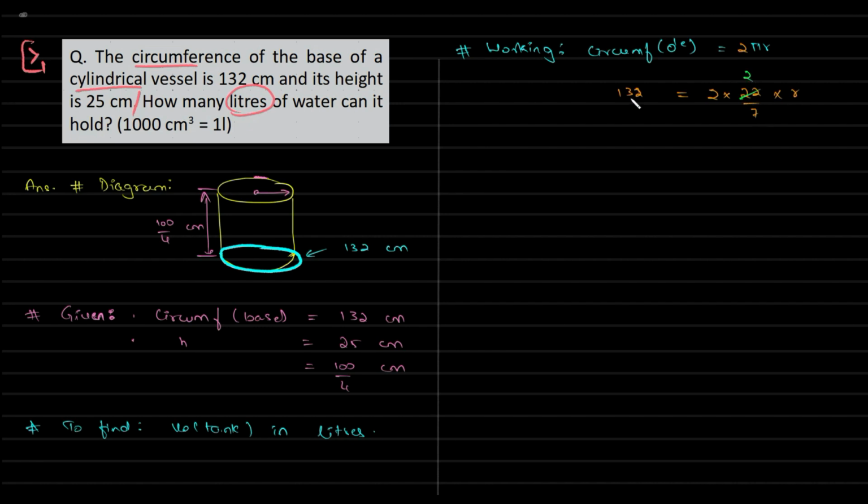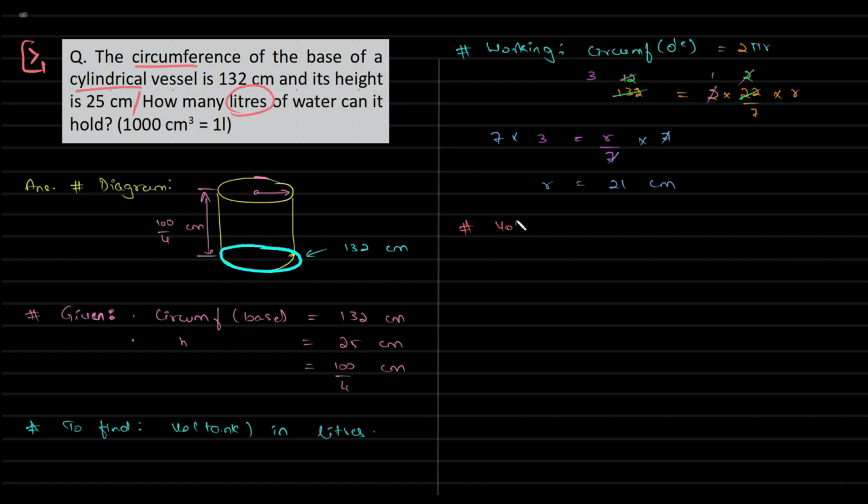So 11 2s are 22, 2 into 2 is 4, 4 1s are 4, 3s are 12. So we have 3 is equal to r by 7. Actually this step is not required, I'm just showing it so that you don't get confused. So we'll multiply with 7. So r is equal to 21 centimeter. This way of calculating makes it very clear, multiplying and dividing both the sides. Or if you want to cancel this way, you can do the same.